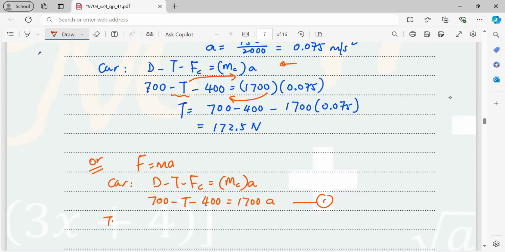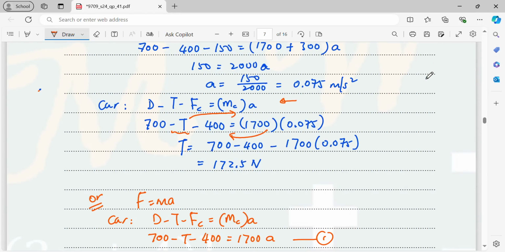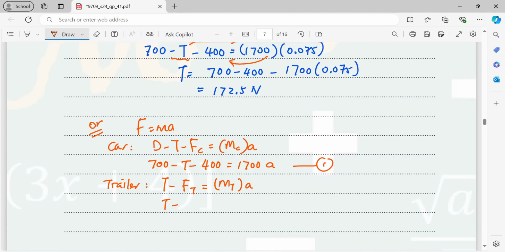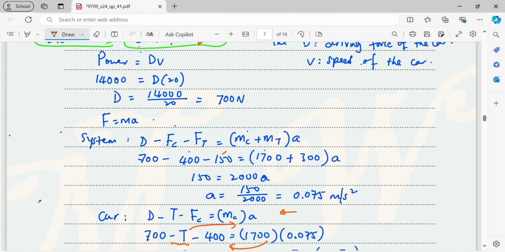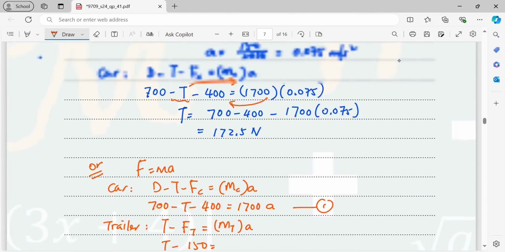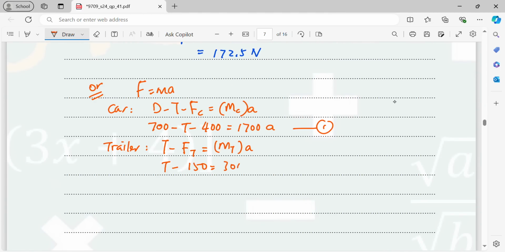Now you consider the trailer. For the trailer, you will have T positive, Ft negative. So I will just write T minus Ft equals Mt times A. So T minus your Ft, which is basically 150, then the mass of the trailer is 300, then A. This will be two simultaneous equations.